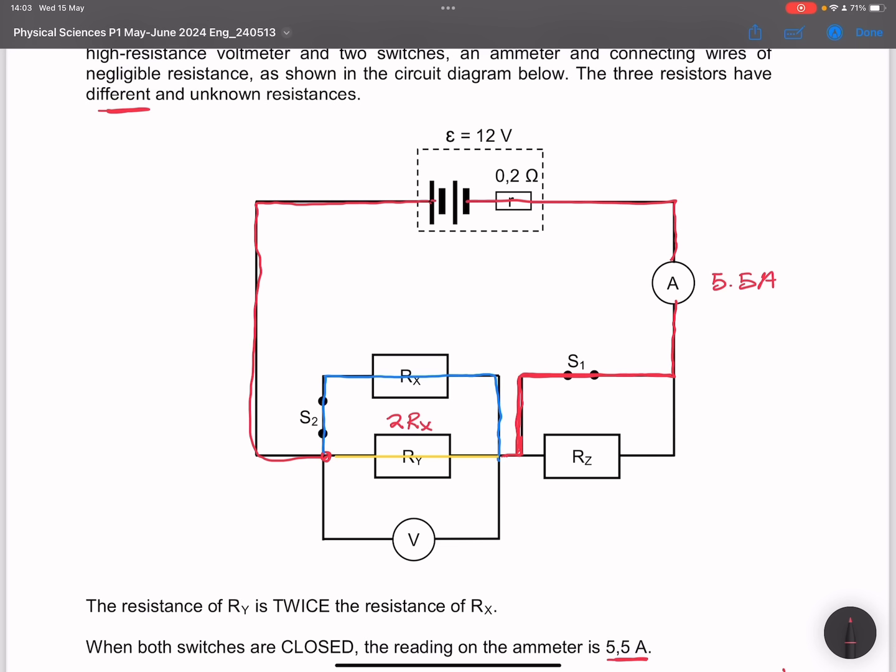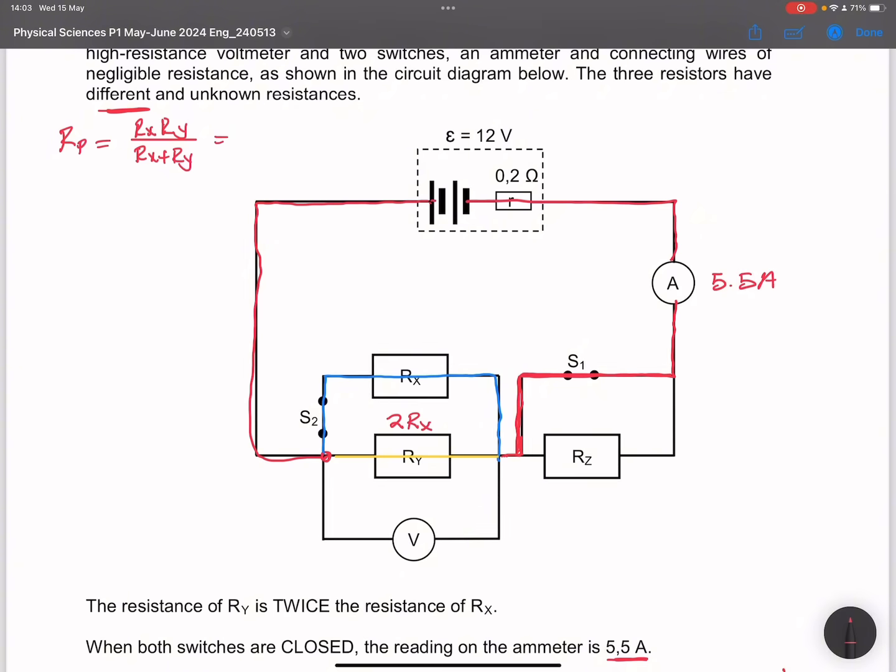The only thing that we do not have in this case are our resistors. Now, because they're in parallel, remember that Rp would be equal to, so we always say product over sum if it's two resistors. We can say 1 over R1, 1 over R2, but in this case, this is going to be Rx times Ry divided by Rx plus Ry.